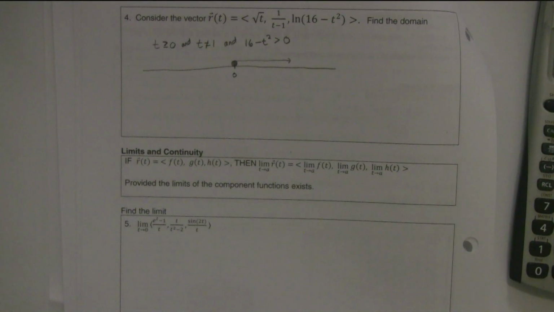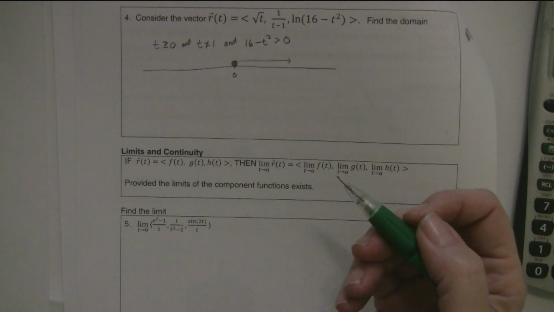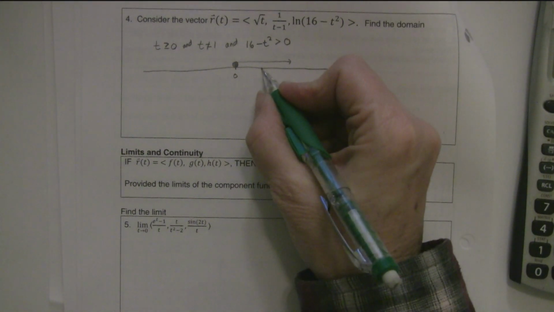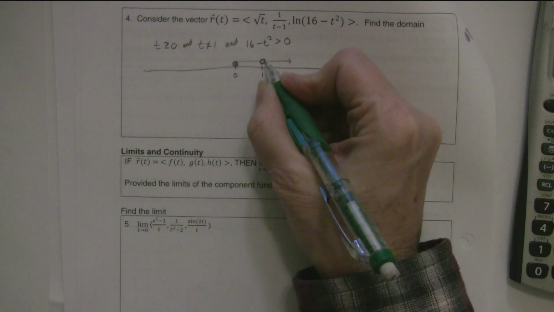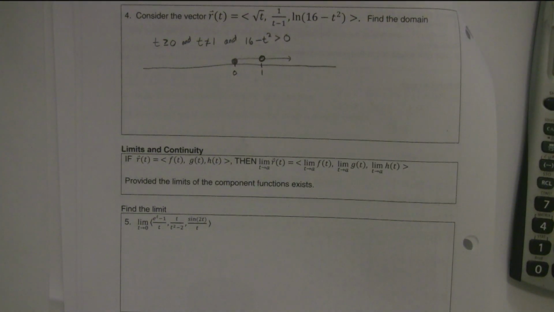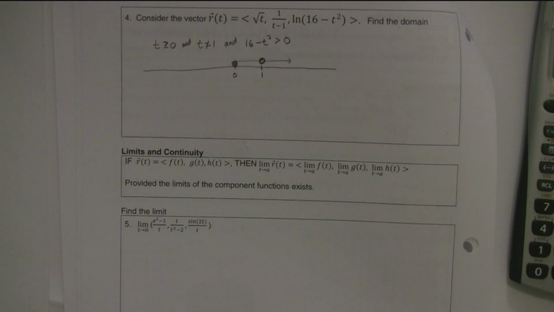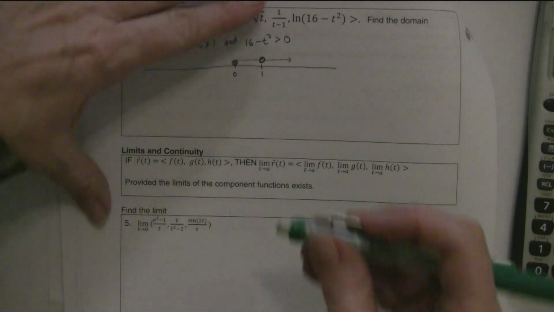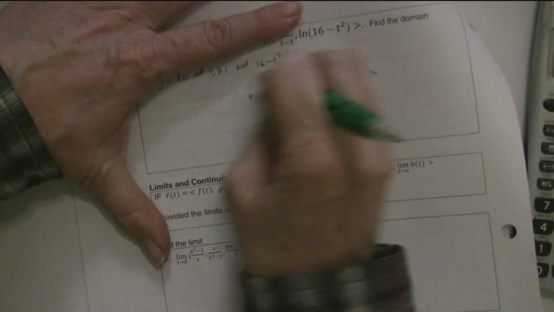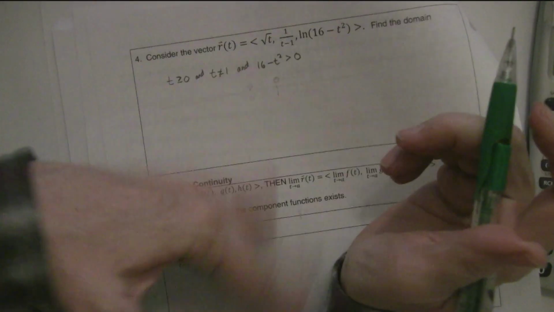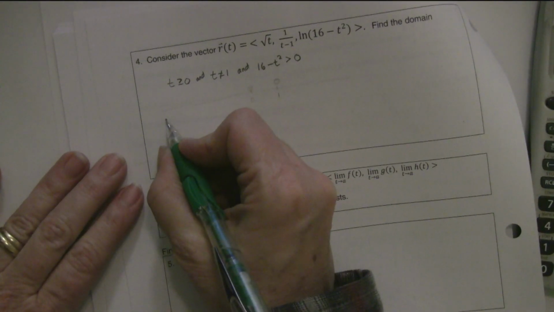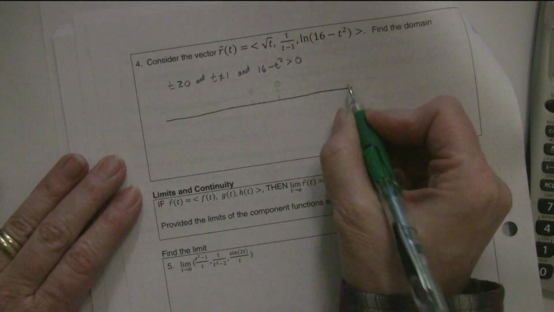And then the next one says t cannot be equal to 1. So I'm going to put 1 right here. That's going to create a hole right here. I'll draw all of them and then put them together, so that you can see all of them, I'll stack them like a Wendy's double stack. So do I have enough room for the Wendy's double stack?